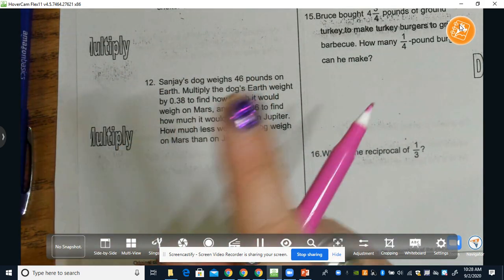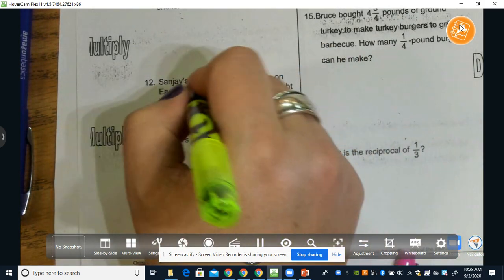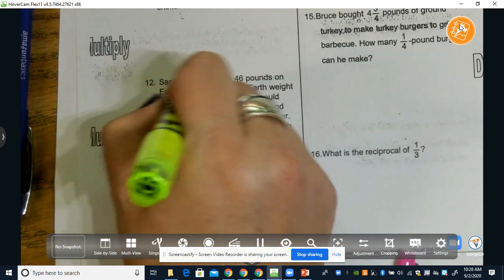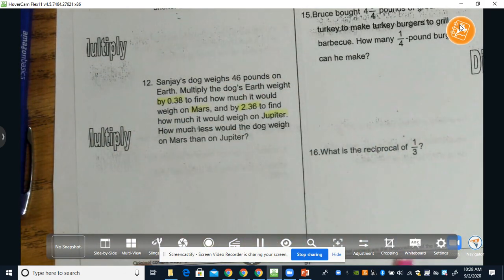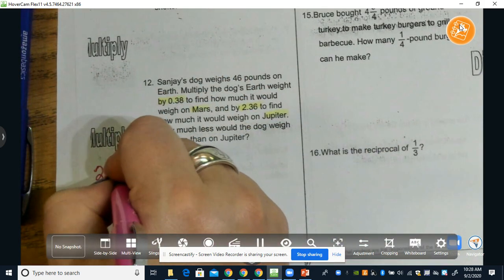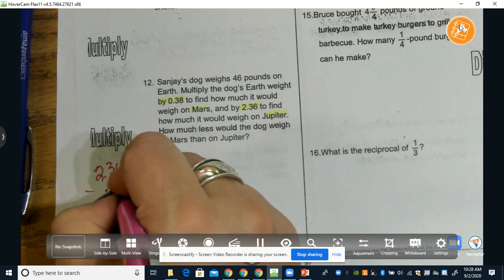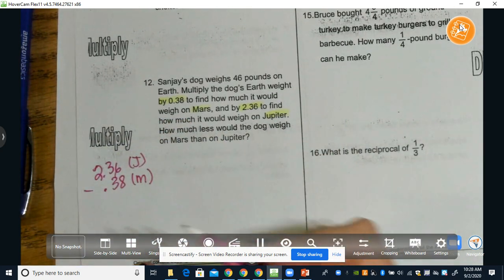So the first way is I can find the difference between Mars' weight and Jupiter's weight. So I can take that 2 and 3,600 minus 3,800. So this is Jupiter. This was Mars.